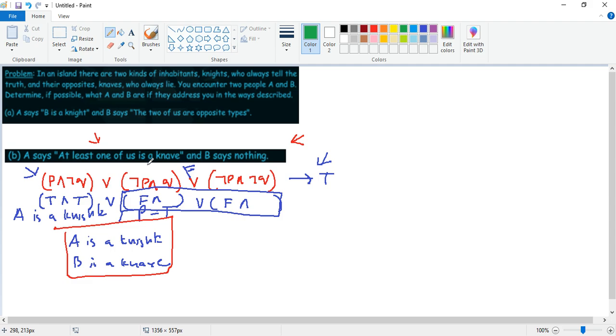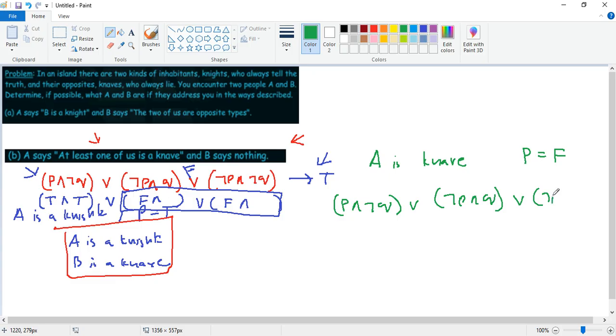Let's also consider the other case. Let's say I had assumed that A is a knave, which means whatever he says is false, or P is false, and then whatever he says should also be false. So P and not Q, or not P and Q, or not P and not Q. Since we have assumed that A is a knave, this whole thing should be false. Now if I assign the values for P, this is false and something, so that's definitely going to be false.